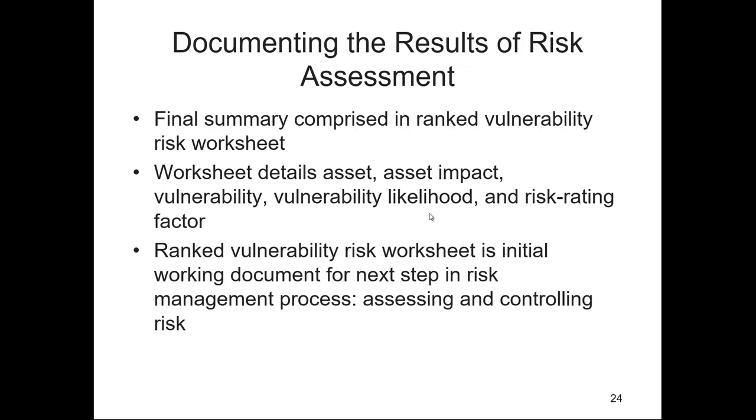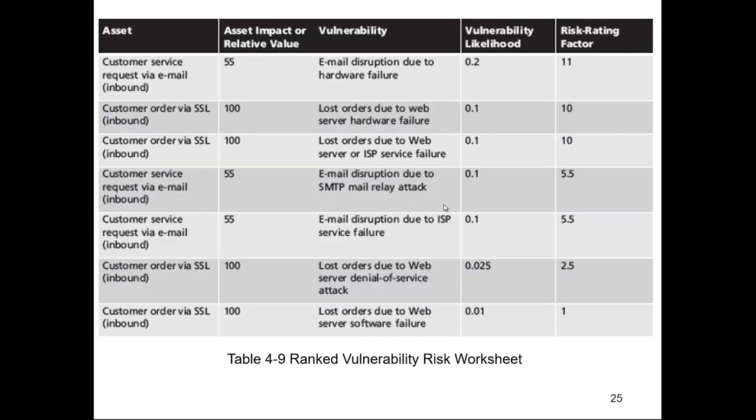Every year, it's good to have some kind of evaluation for the controls, for the assets, for other things, so you can either use new controls or update the current controls, or shuffle controls between the different vulnerabilities and risks available. This slide shows an example of a ranked vulnerability risk worksheet, and you can see the likelihood and the risk rating factor.